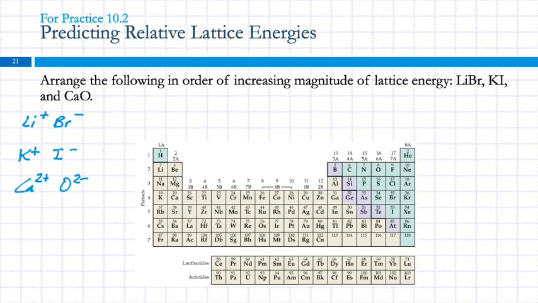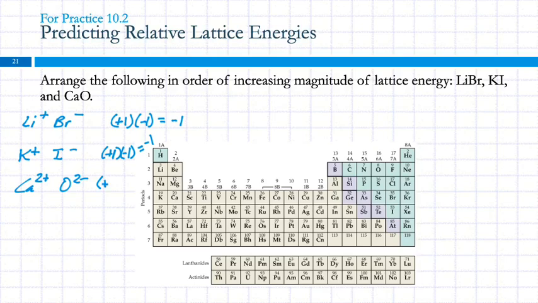The last one, calcium oxide, the charges are different, right? Here's plus 1, minus 1, plus 1, minus 1, plus 2, minus 2. So if we're looking at the product of the charges, plus 1 times minus 1 is minus 1, and the same for the next one.